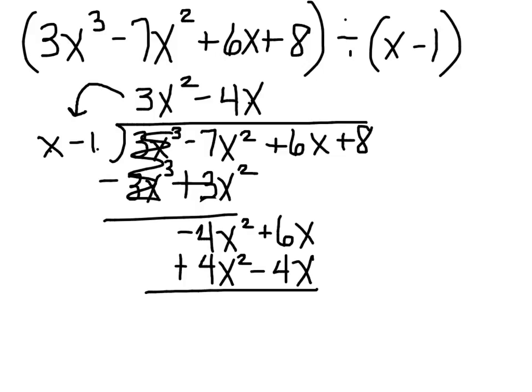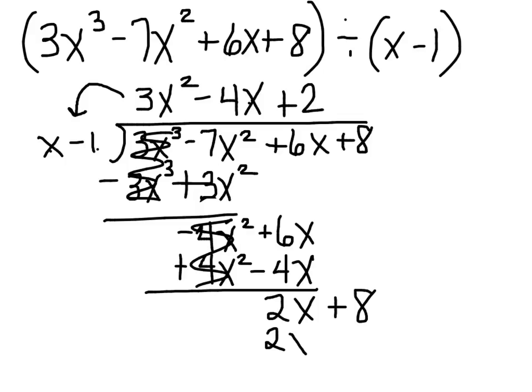What happens with the squareds? What's negative 4x squared plus 4x squared? 0. Good. What's 6x minus 4x? 2x. Drop down the 8 and start over. What times x gives me 2x? 2. 2 times x is 2x.